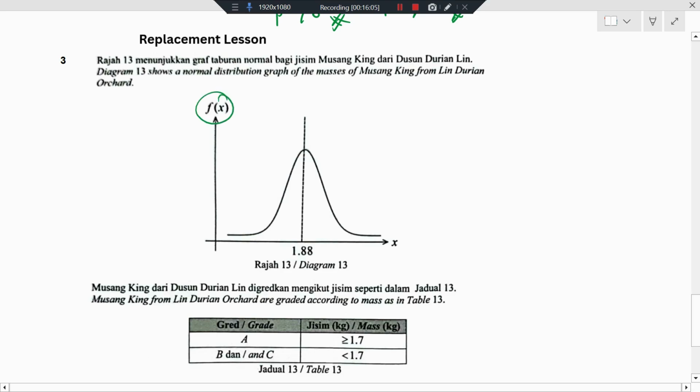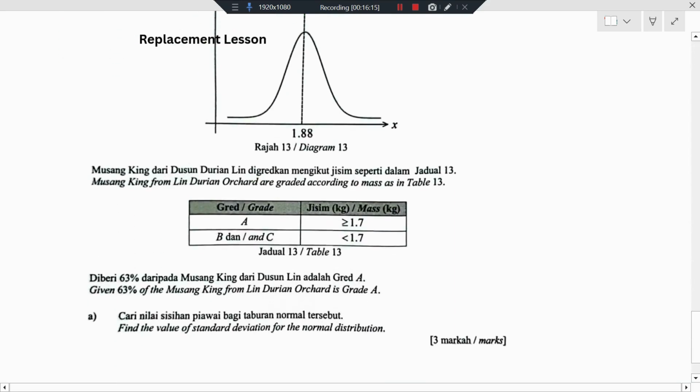Okay, come, let's try. So this is f(x), so the symmetrical part is our mean. Remember that. So Musang King from the Lin Durian Orchid are graded according to mass like this. Grade A if x is more than 1.7 kg. X is our mass. And then B and C are less than 1.7.